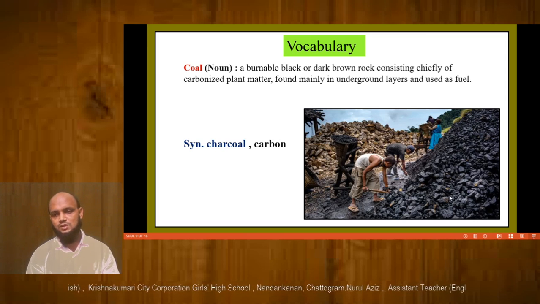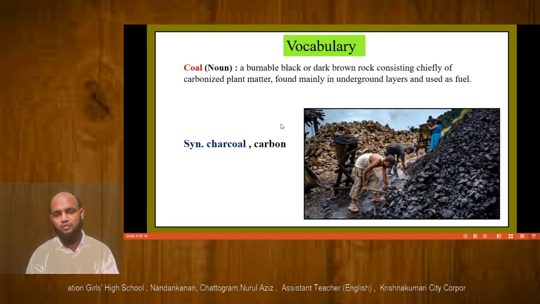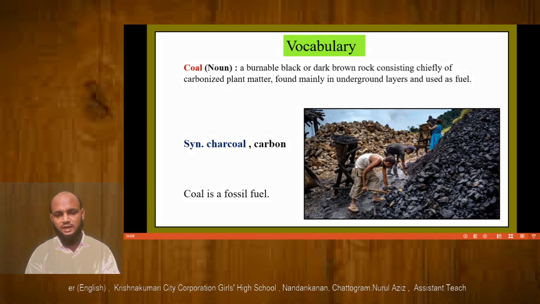The main element of coal is carbon, that is why you can write the synonym carbon. Coal is a fuel, and you can write a sentence: coal is a fossil fuel. Fossil means things that we get from mines, from the destruction of plants, carbonized matter, chiefly found in mines.